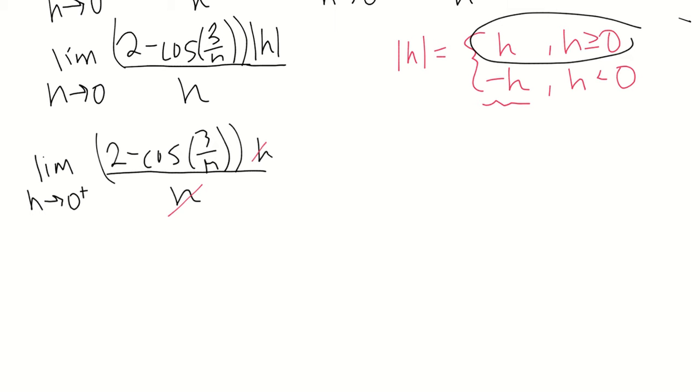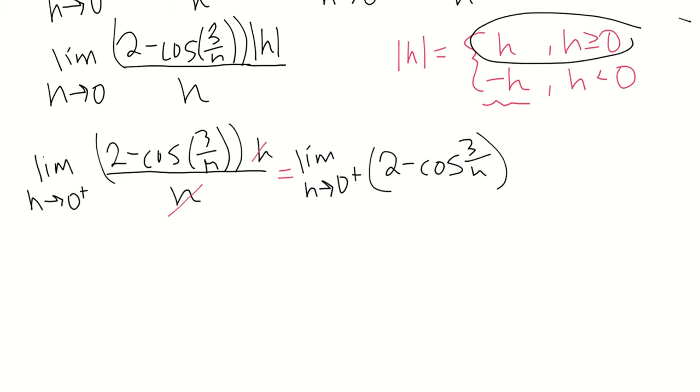And then those h's are going to cancel out, and we get the limit as h goes to 0 from the positive of 2 minus cosine of 3 over h.